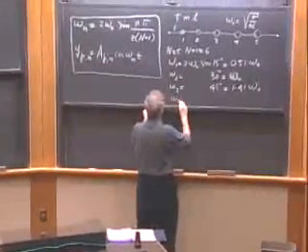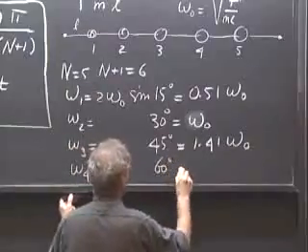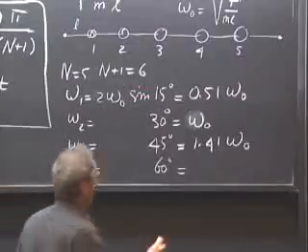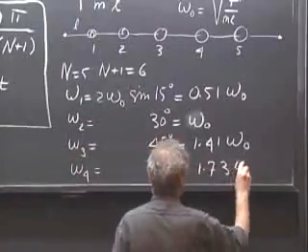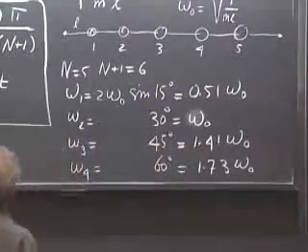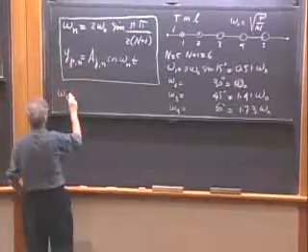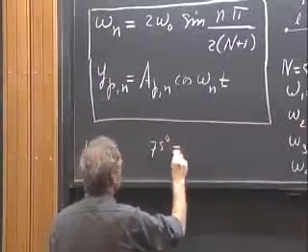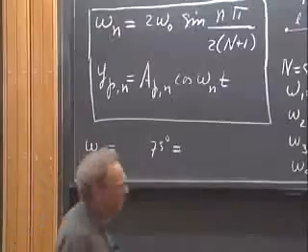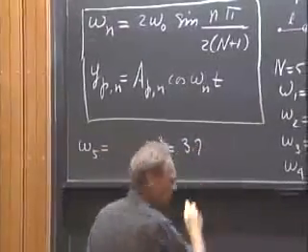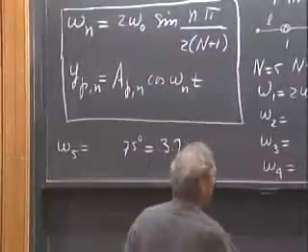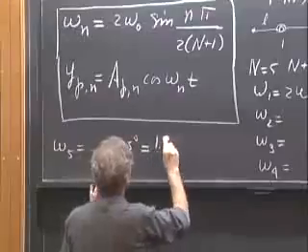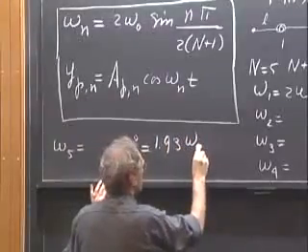Then I go to omega 4, and so I get 60 degrees, and that can only be approximated again by about 1.73 omega 0, and then I have omega 5, which is the last one, so I get the sine of 75 degrees, and that then becomes 1.93 times omega 0.